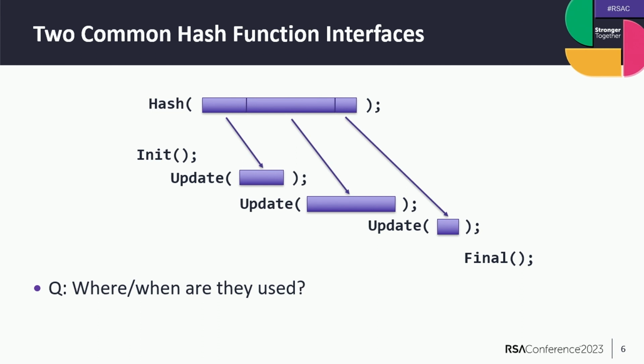Typically, update is used in places where you want to avoid a temporary buffer. And places where you would have a temporary buffer is when you need to, for example, hash different parts that you want to put together, and you don't want to do a copy of everything into a temporary buffer. You just want to pass on what you have to avoid that copy.